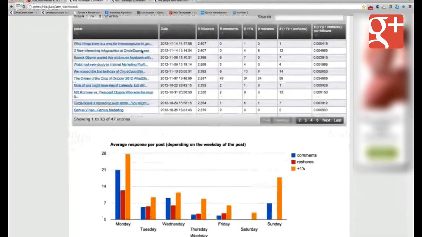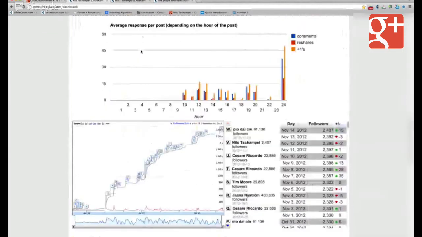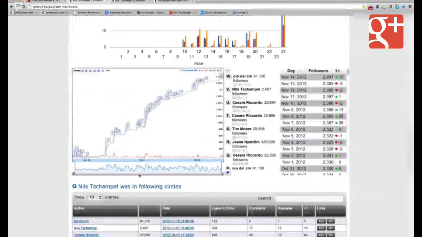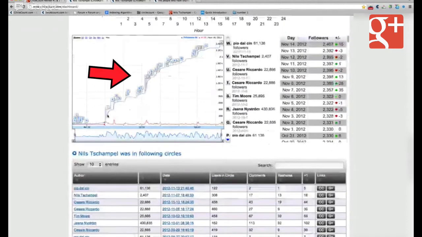And then I wanted to go back to this one here. People who shared you in a circle. This is really interesting, I think, because we want to get to know people who are worth interacting with. And when you see your follower history here and you see like a big leap, then it might be interesting to you where the leap comes from.